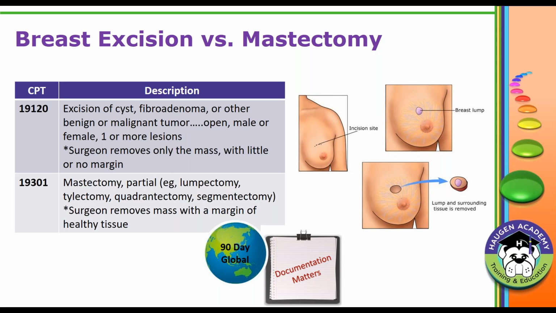You can bill the follow-up excision with 19301 and use modifier 58 to indicate it was a staged or related procedure during the post-op period, because these do have 90-day global periods. So you're going to need to have good documentation in order to tell the difference between these codes and make sure you're billing the correct CPT code.